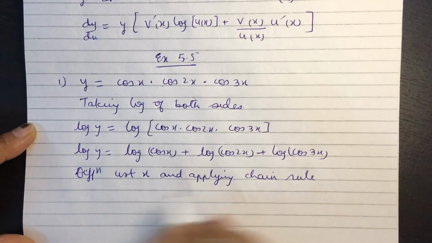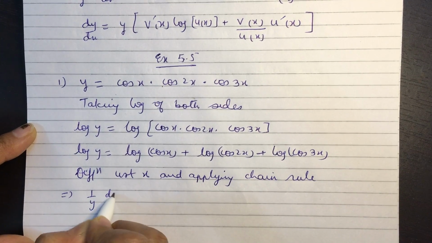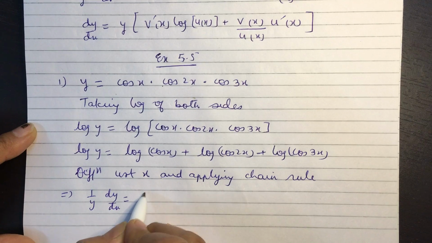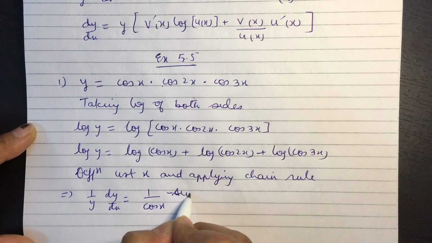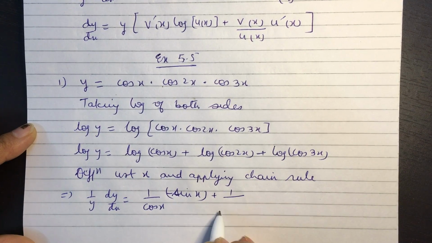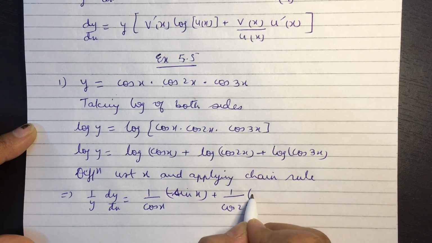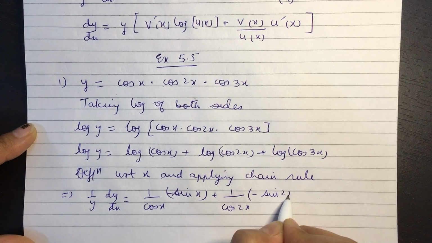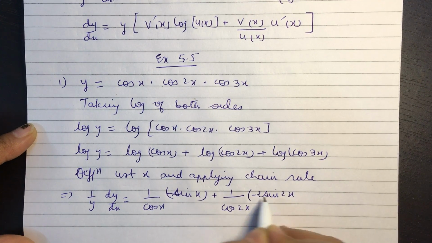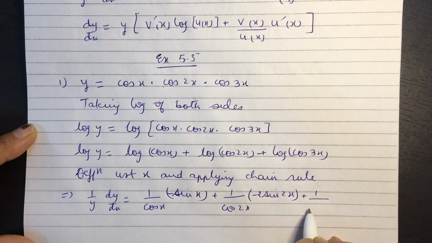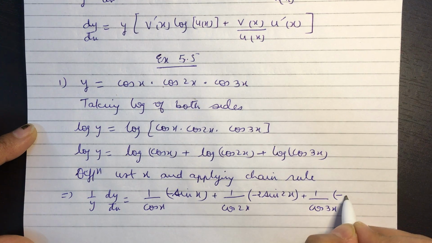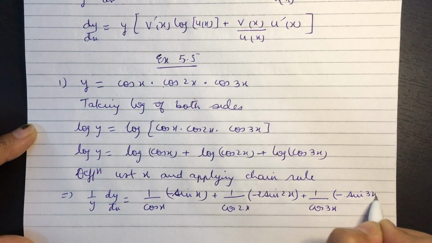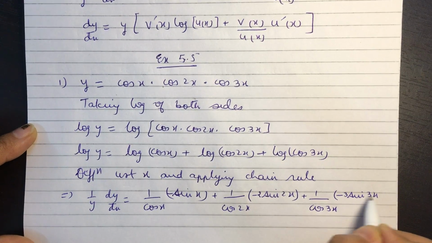We get 1 upon y dy by dx is equal to 1 over cos x, now the derivative of cos x is minus sin x, plus 1 over cos 2x into the derivative, which is minus sin 2x, and the derivative of 2x is 2, plus 1 over cos 3x into the derivative of cos 3x, which is minus sin 3x, and the derivative of 3x is 3.